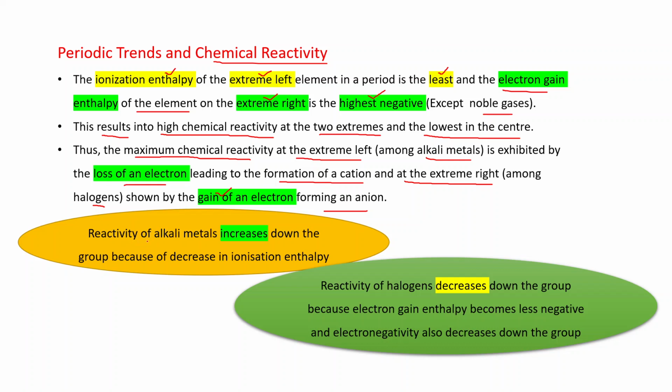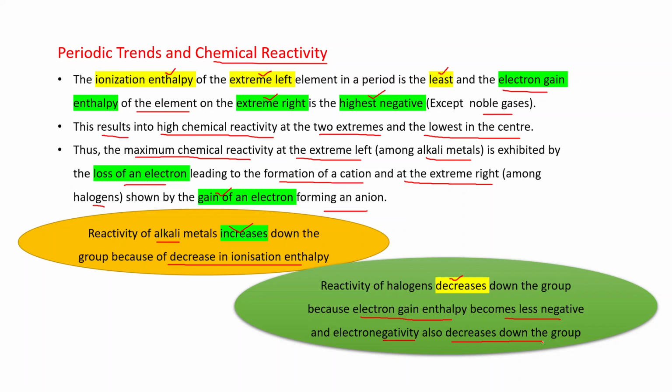Reactivity of alkali metals increases down the group because of decrease in ionization enthalpy, and reactivity of halogens decreases down the group because electron gain enthalpy becomes less negative, and electronegativity also decreases down the group. In the same way we can say alkali metals and halogens both are most reactive elements.